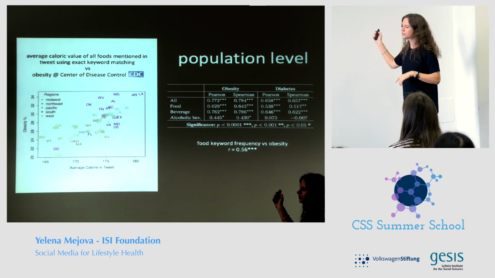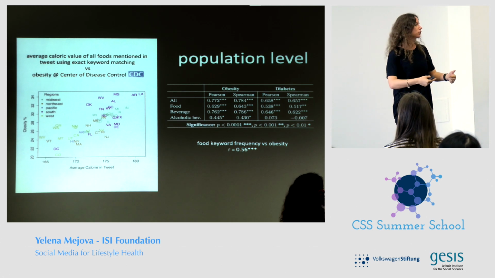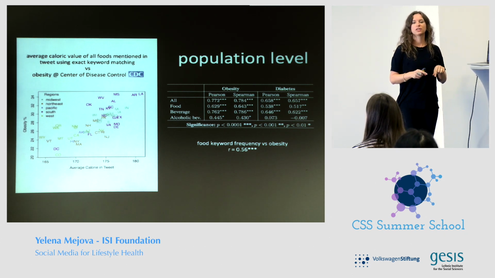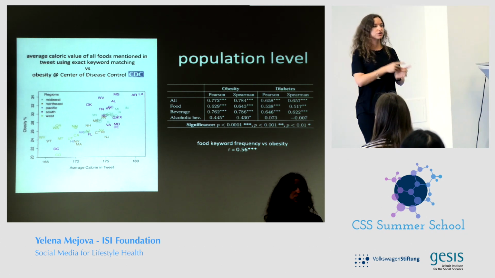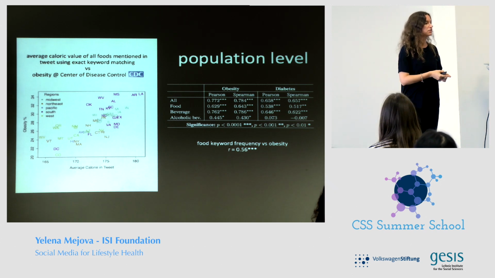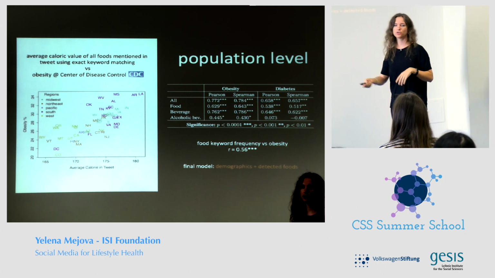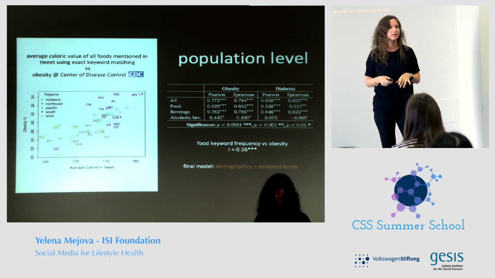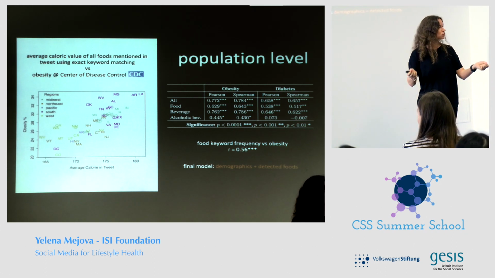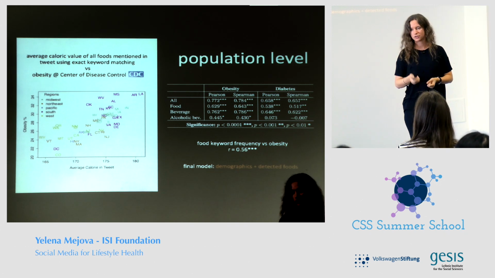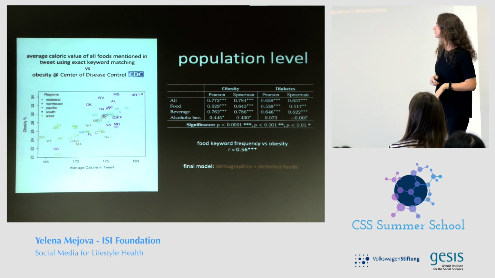And we actually built a model based on just the keywords that we would find, and it didn't work as well. So really interpreting foods as calories instead of foods themselves worked better, right? And in the end, we actually built the final model by also introducing demographics if we can find them about people, because if you're doing social science, demographics always have to be there. Right? It's your strongest baseline.